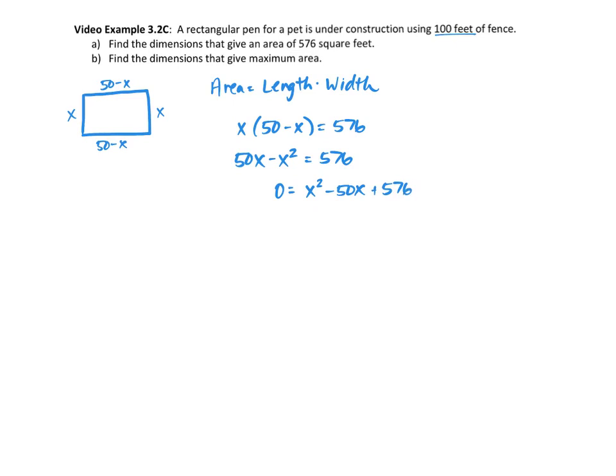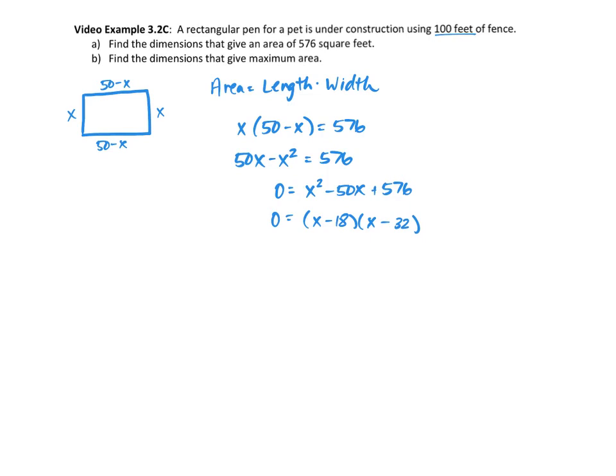Oftentimes in these applications, you'll be able to use factoring as a strategy to solve. This is one where we can factor. We're thinking about two numbers that multiply to 576 and add to negative 50. After some trial and error with your calculator, you'll find that the numbers that work for this are 18 and 32. Because we want a positive 576 and a negative 50, we'll have a subtraction in each one of our factors.